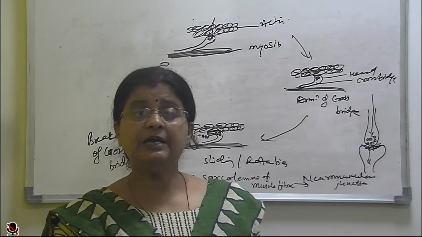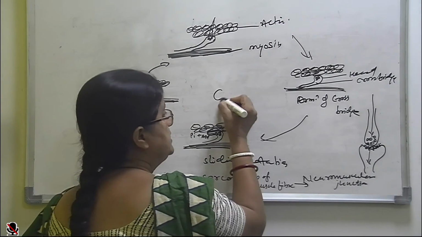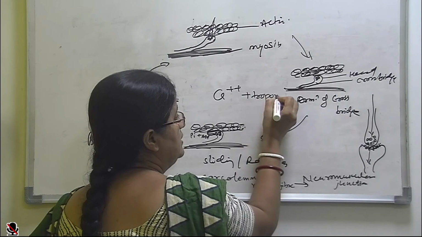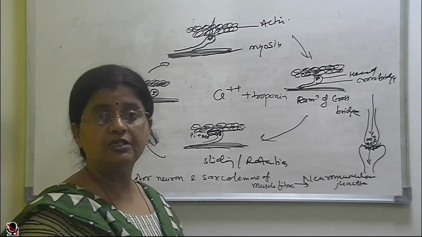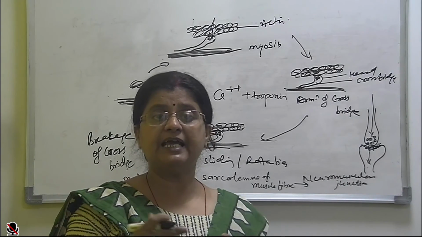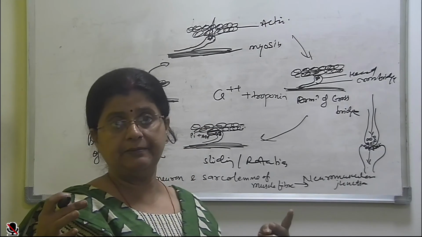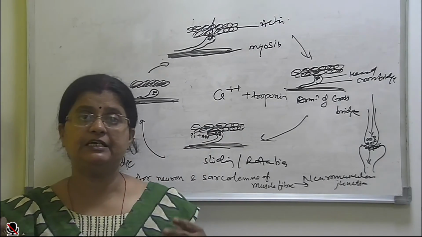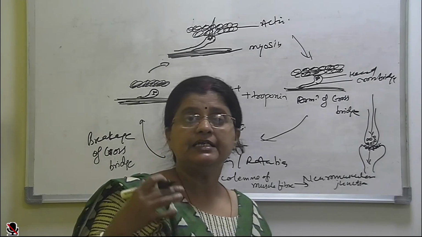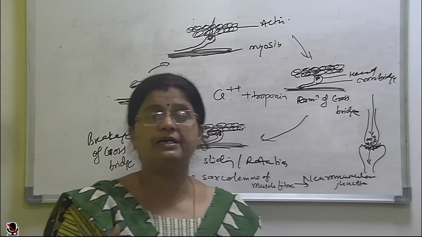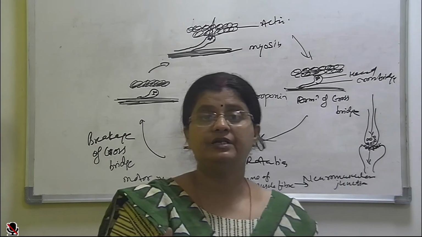So first, this calcium ion binds with the troponin, and this removes the masking of that active site for myosin, right? Whatever masking effect was there over this active site is removed when the calcium ion combines with troponin.